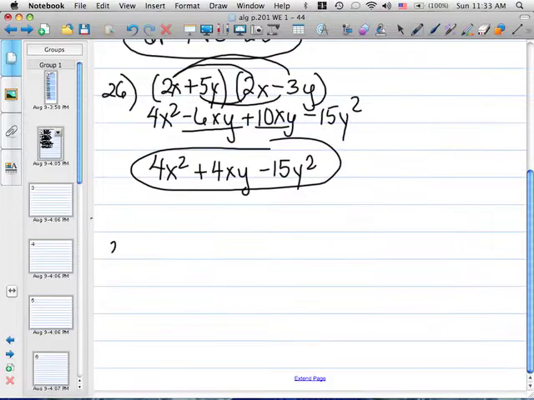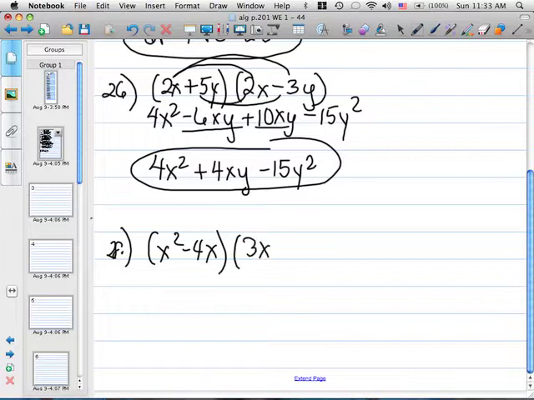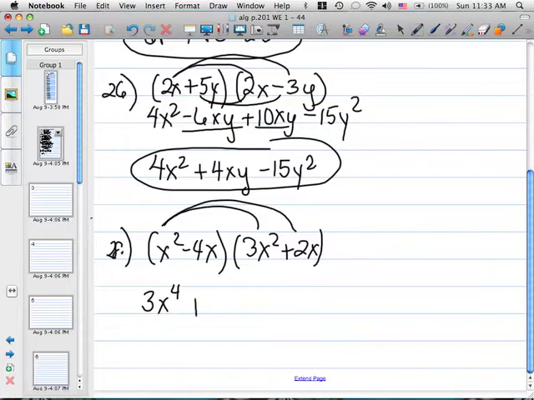Problem 28. You have x squared minus 4x times 3x squared plus 2x. First term, 3x to the fourth. Remember to add your exponents when you're multiplying. Plus 2x to the third, 2 plus 1.